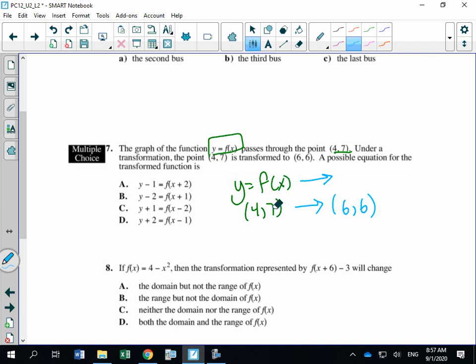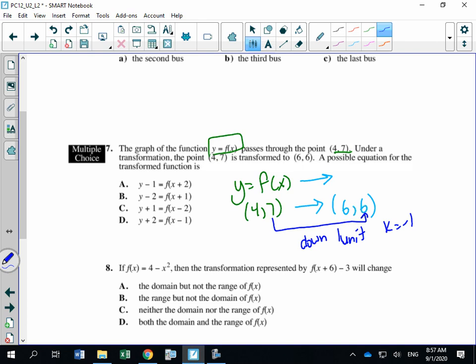Okay, so we could either look at our y's first, or we could look at our x's. I'm going to look at my y's. Now, remember that your y value is associated with your k parameter. So what's happening with our y? It's going down 1 unit. Down 1 unit. That is a k value. K is equal to negative 1. This whole lesson, lesson 2 in the workbook, was on replacement notation.